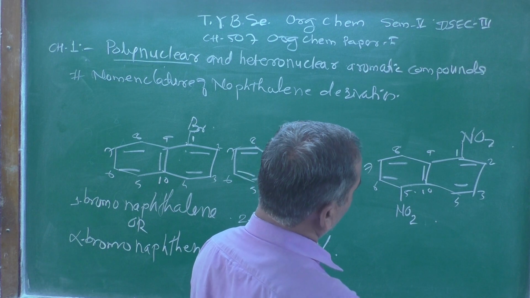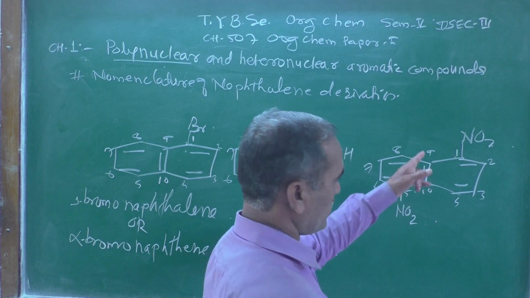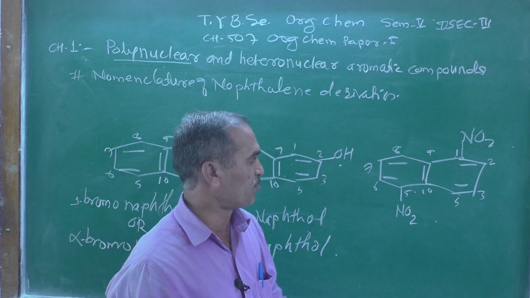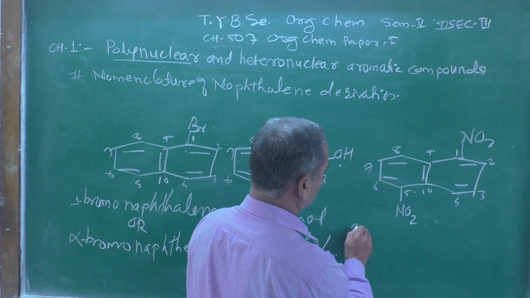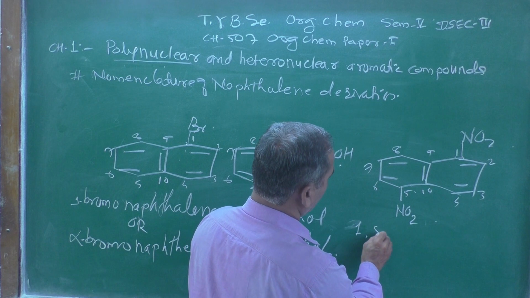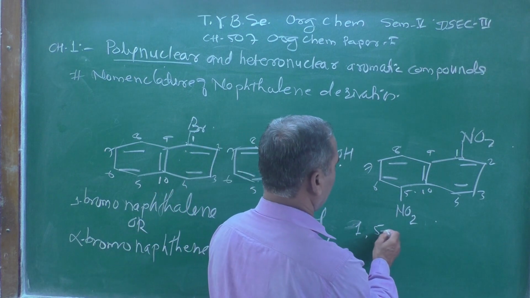You would observe the nitro group. There are 2 nitro groups. One is present at 1 position, another is present at 5 position, and therefore relative positions 1 and 5 are written like this, then dash.